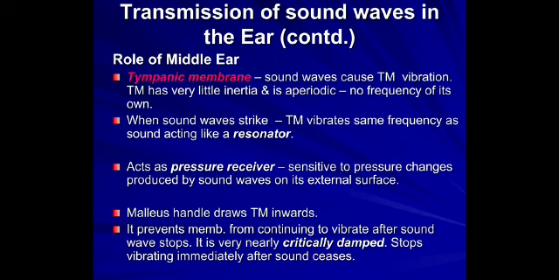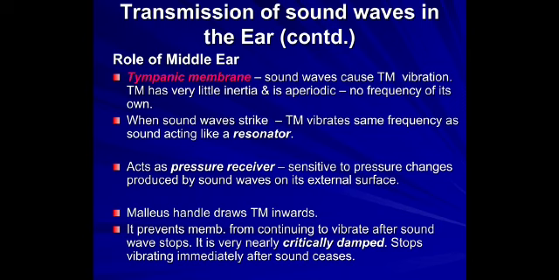The tympanic membrane, which you will be coming across, is a white glistening membrane which separates the external from the middle ear. On the outer side it is covered by skin, and on the middle ear side it is covered by mucous membrane. The sound waves, as they strike the tympanic membrane, result in its vibration. As the tympanic membrane has very little inertia and is aperiodic and doesn't have a frequency of its own, it can get vibrated to any frequency.